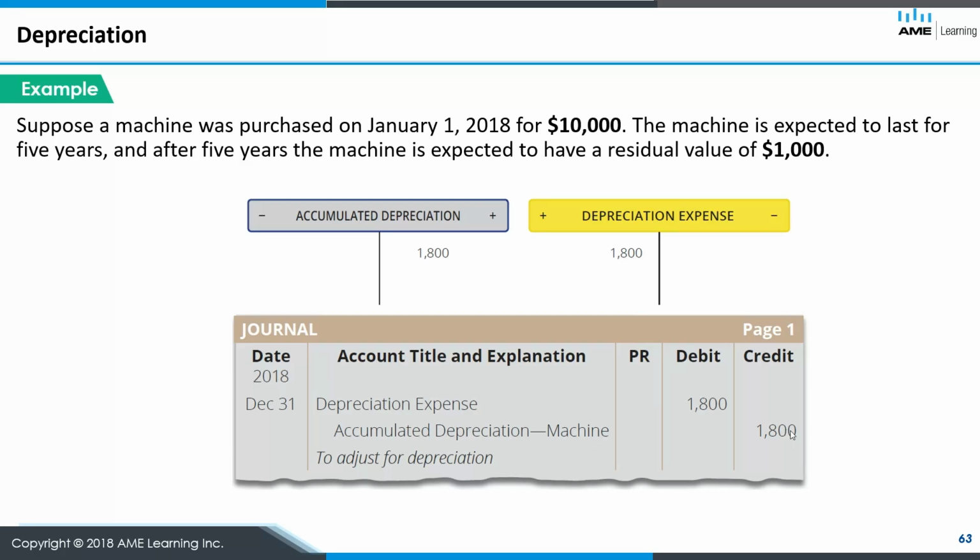And then remember, as we noted previously, as this accumulated depreciation is built up, that's the contra asset that's going to reduce this 10,000. So at the end of this first year on our books, the net book value is going to show on our balance sheet as $10,000 minus 1,800, which is 8,200. So it'll show as 8,200 at the end of that first year.